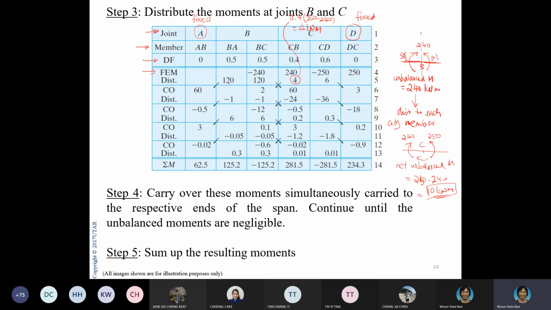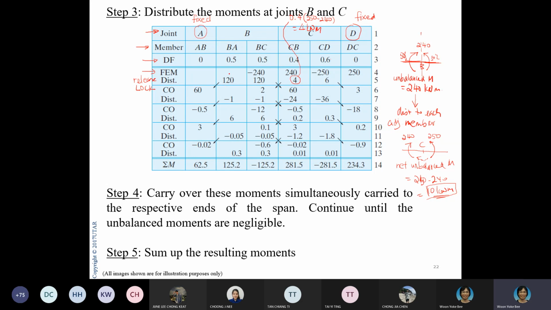Now, after I have distributed like that, when I lock it back, this part is released. Now I lock. When I lock it back, what happens? I need to carry over whatever moment was distributed here to the other end of the member.